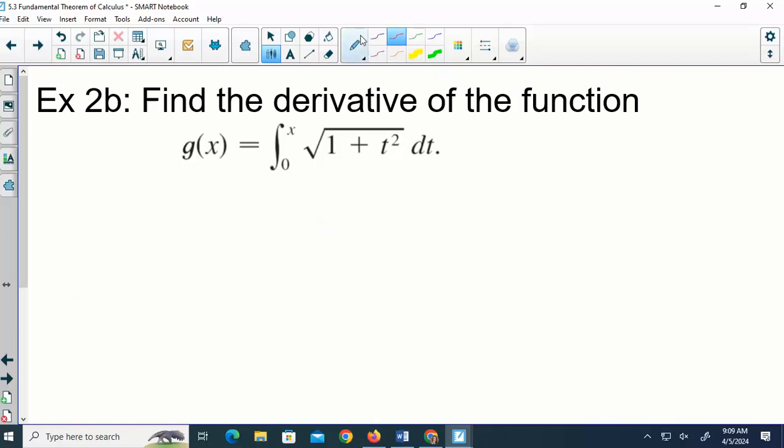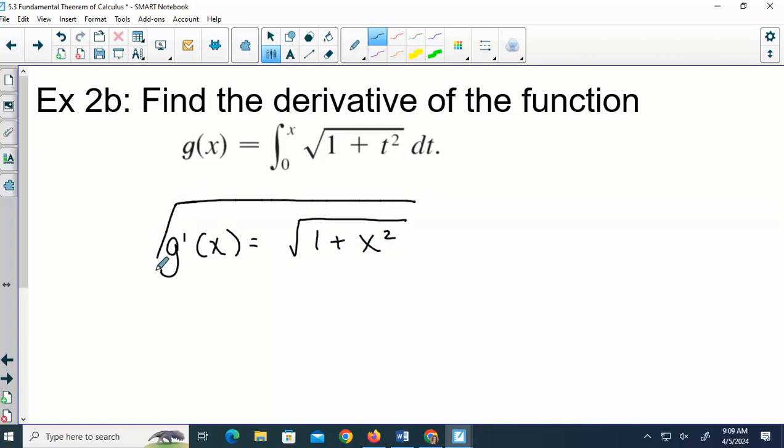So if I asked you to find the derivative of this, can you just tell me what it would be equal to? It would just be the square root of 1 plus x squared. Now you could certainly do the antiderivative and then do the derivative of it.